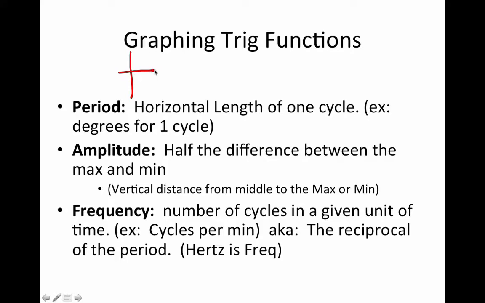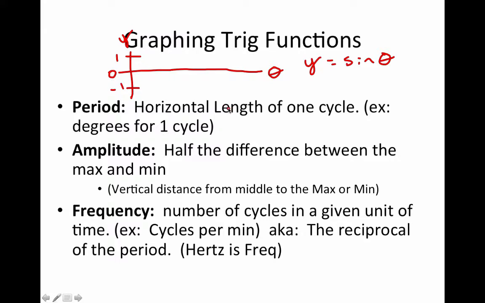So when we graph these things, we are looking for our important points: 1, negative 1, 0. If I was talking about y equals the sine of theta, or x, this is the thetas, or x's, and this is the y's, the values.